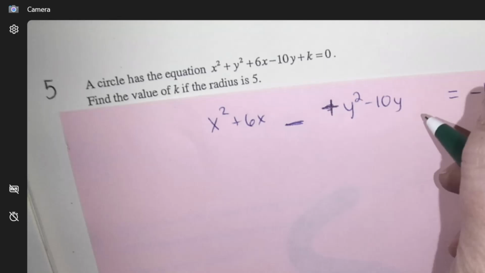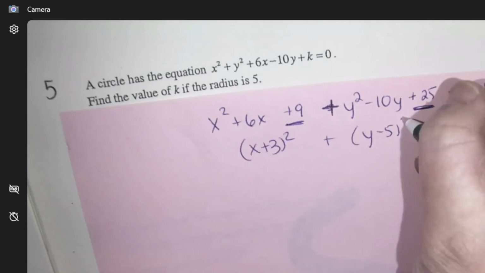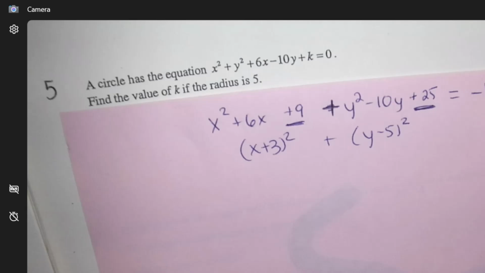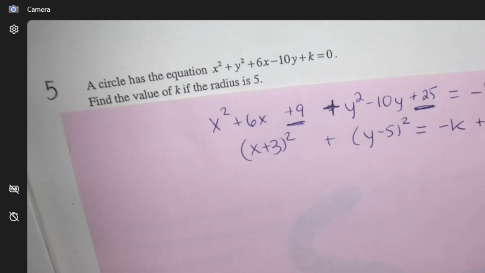So plus 9, plus 25. Okay, so then after you balance it out, that's what you look like.